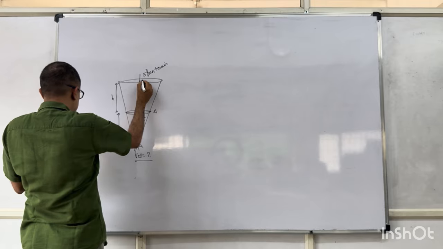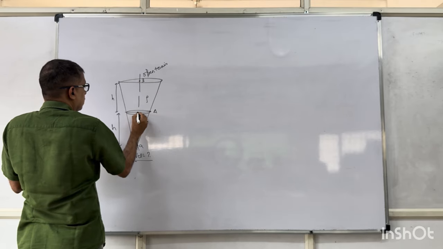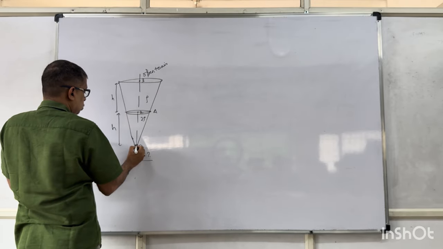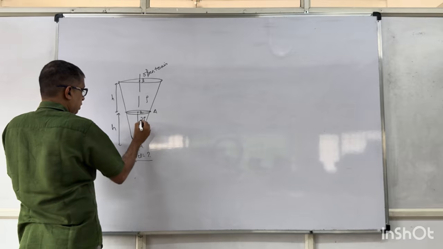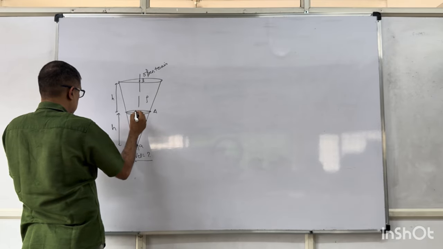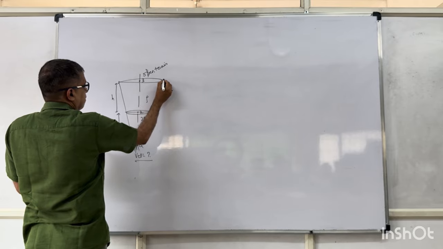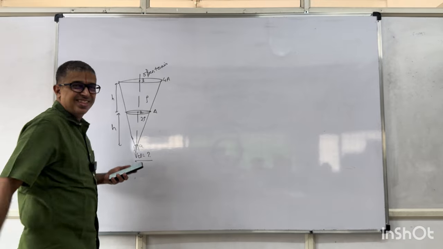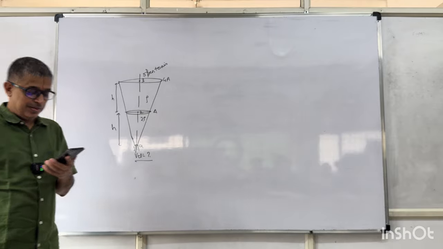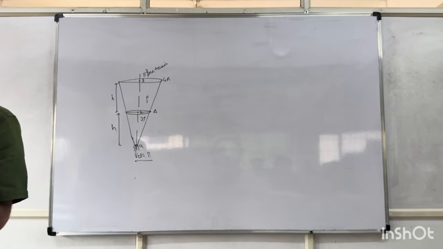You will take this particular point as 3, this particular point as 2, this particular point as 1. Here the density is 2 rho, right? What will the area of cross section here be?